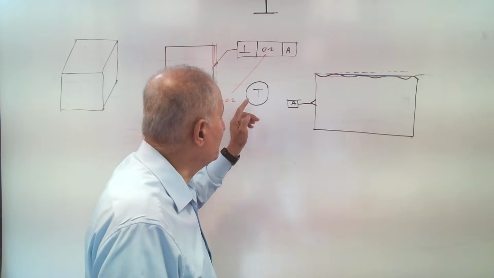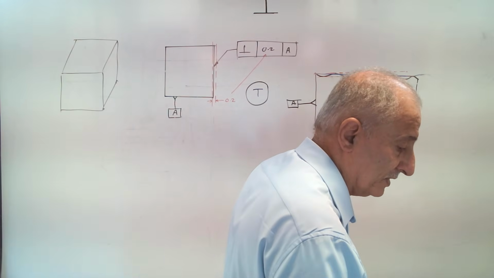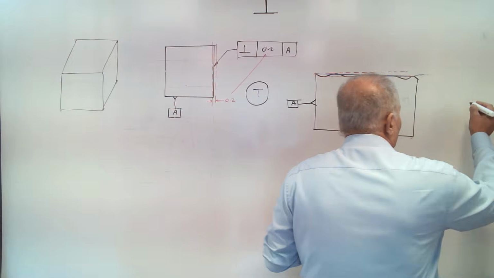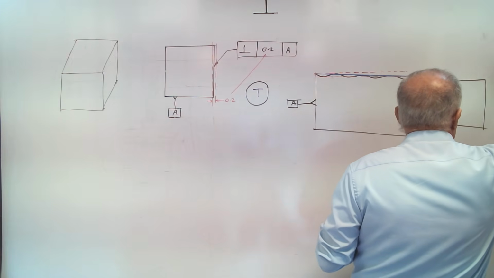But if you use the T modifier for the surface, it means that I can show this surface like this.